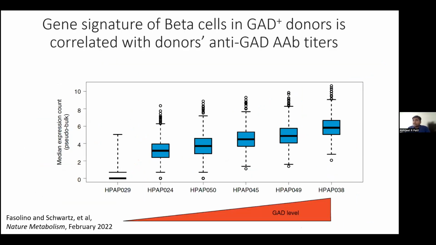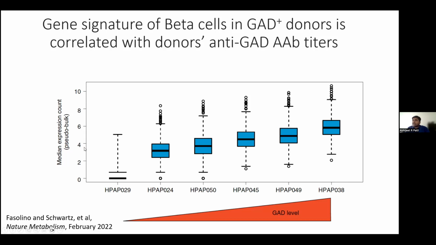So another major revelation from the study was this plot, where we have on the x-axis different autoantibody positive donors, HPAP29 to HPAP38. So we have around 6 autoantibody positive donors.